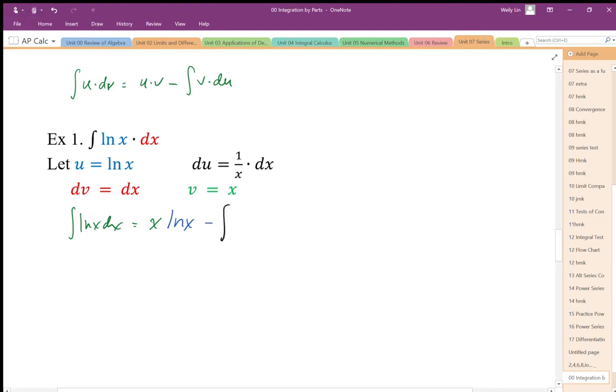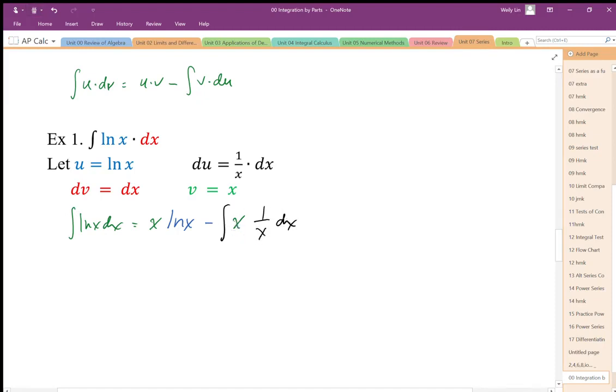So my v part is there. I already worked out my v integrated to x. My v part and my dx part is going to be all that part there. So it's going to be 1 over x dx. Now there's my new integral.